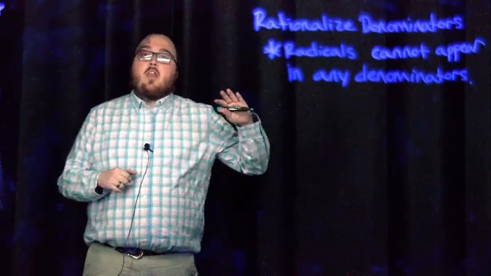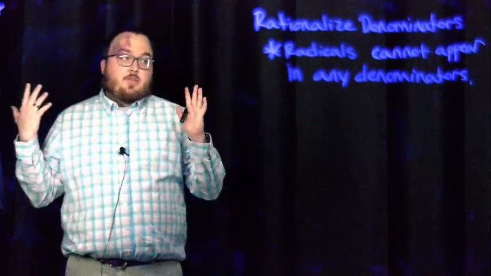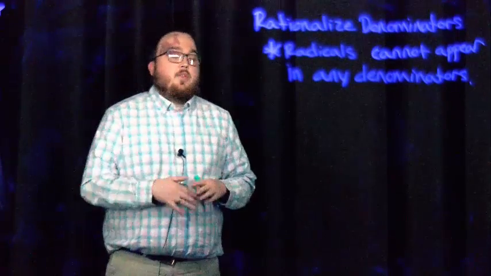A radical cannot appear in the denominator. But let's think about what I would do if I have that. What can I do to make it to where that's not true?